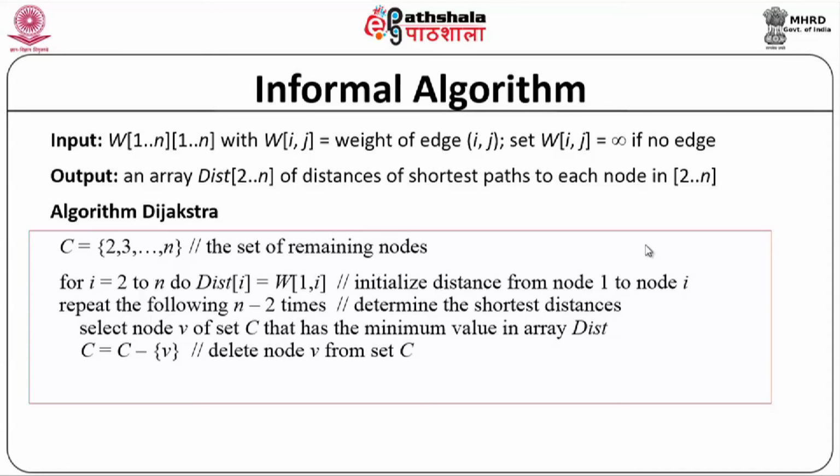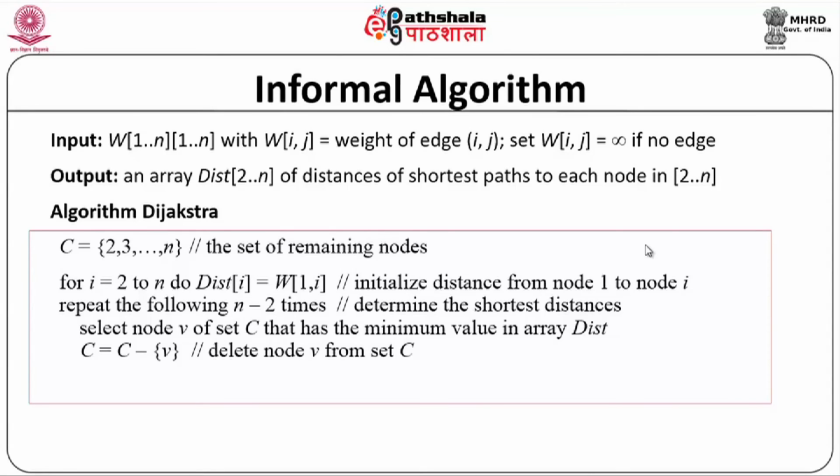The output is that we are going to generate the distance matrix for nodes 2 to n, assuming that 1 is the source that is selected. Our objective is to generate the distance matrix where we give the distance of every node from the source. So, the informal algorithm is like this.